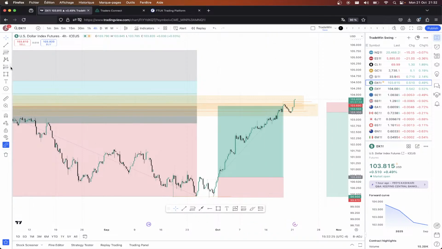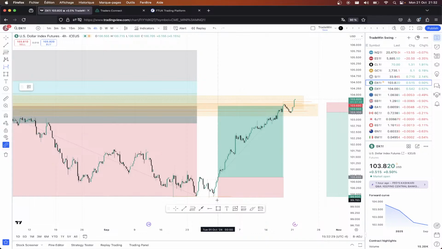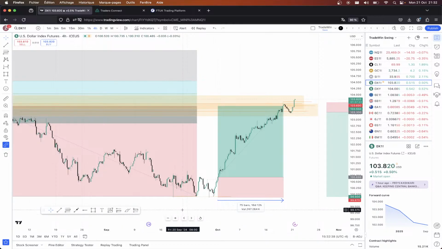So what was the time here? Date range. We started the position here. Okay, do you have the balls to keep this trade open for 16 days? That's exactly what my strategy is about.